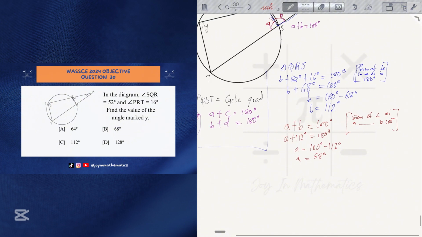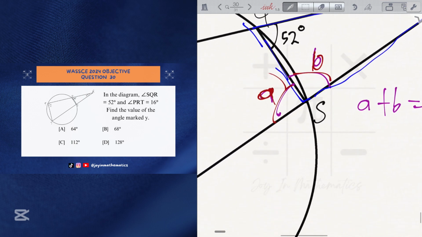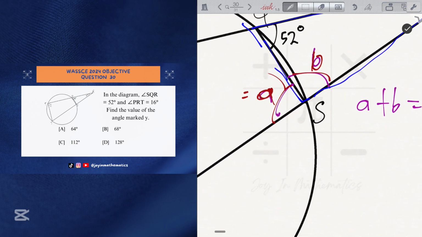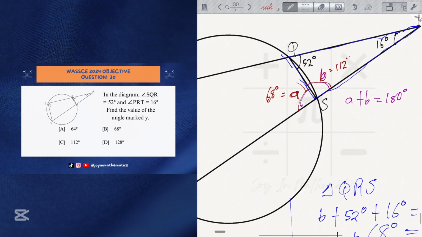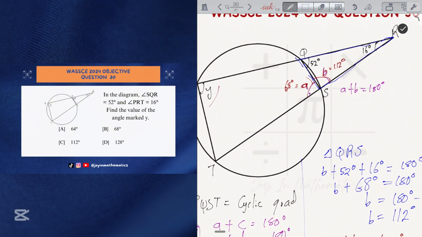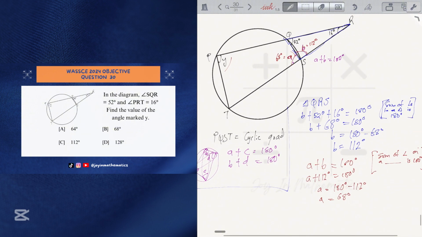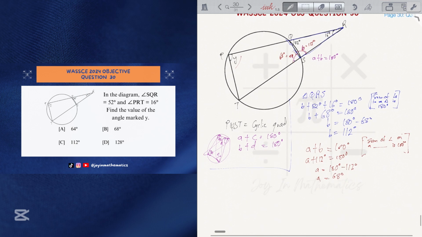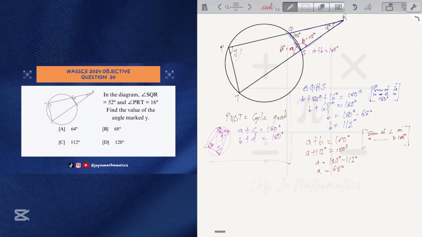So let's come here now and label. We have A to be equal to 68 degrees and B to be equal to 112 degrees. Now, what we want to do now is to evaluate Y. And from cyclic quadrilateral, we understand that the opposite angles of the cyclic quadrilateral is equal to 180 degrees.